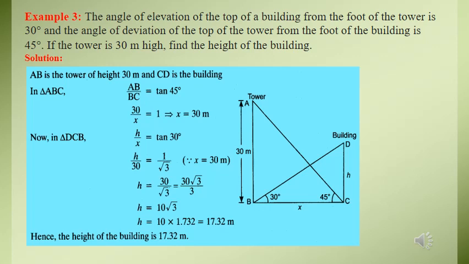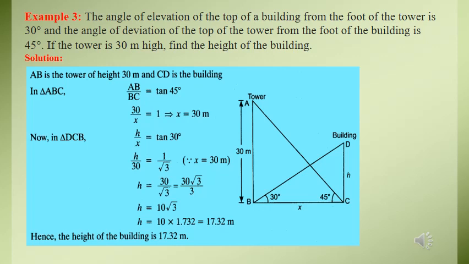Now in triangle ABC, we get tan 45 equals AB upon BC. We know the length of AB is 30 meters. So 30 by BC, that is x, is equal to tan 45, that is 1. So x is equal to 30 meters. Similarly, in triangle DCB, we write tan 30 equals h by x.